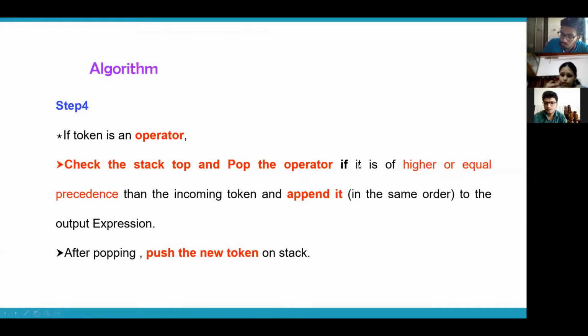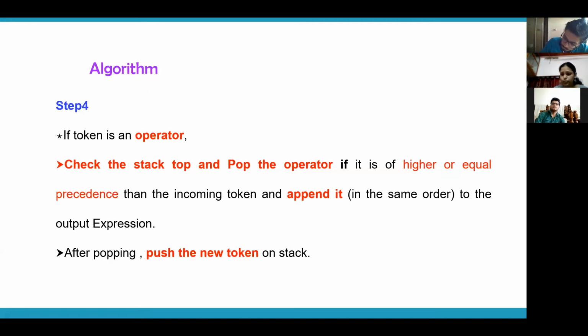The one in the stack, that person is of higher or equal precedence, meaning higher importance or equal importance. Whenever a person of higher importance is there in the clinic, just assume that that person would not like to entertain another person with lower precedence along with him. Suppose I have that ego that I don't want another person of less importance to come and sit along with me in the clinic.